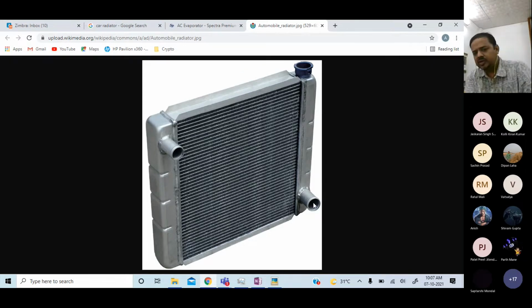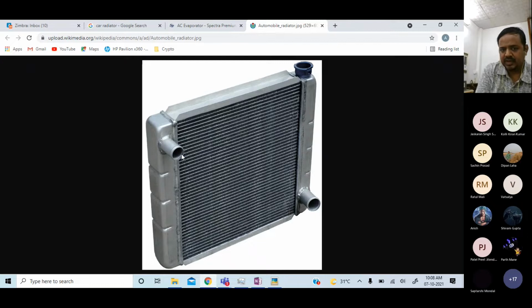The cooling water that cools the engine and therefore becomes hot comes in. The engine coolant enters, then flows through some zigzag patterns, which we cannot see in this picture, and then comes out to the outlet.